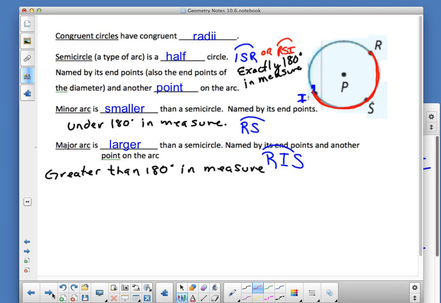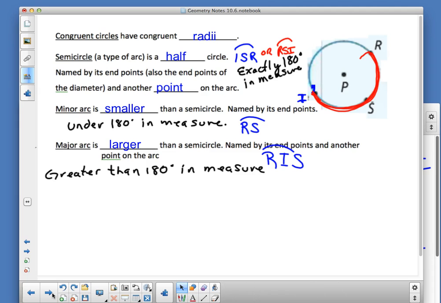The inside letter lets you know which direction around the circle you're going. So if I'm saying just arc ISR, I start at I go to R by way of S, okay? So I always want to go by way of the middle letter if I have a middle letter. It gives me the direction.